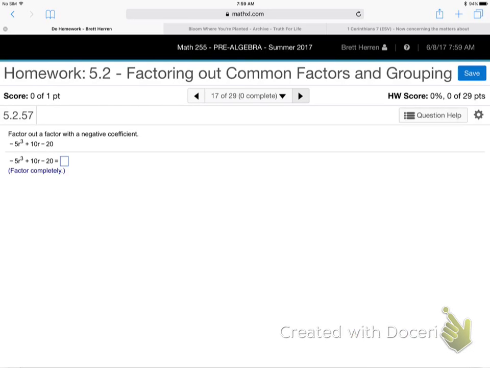Okay, so minus 5r to the third plus 10r minus 20. All right, factor that one.